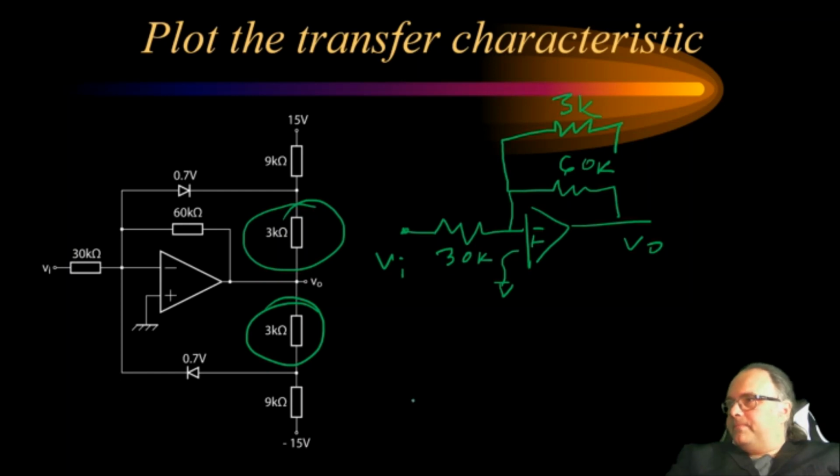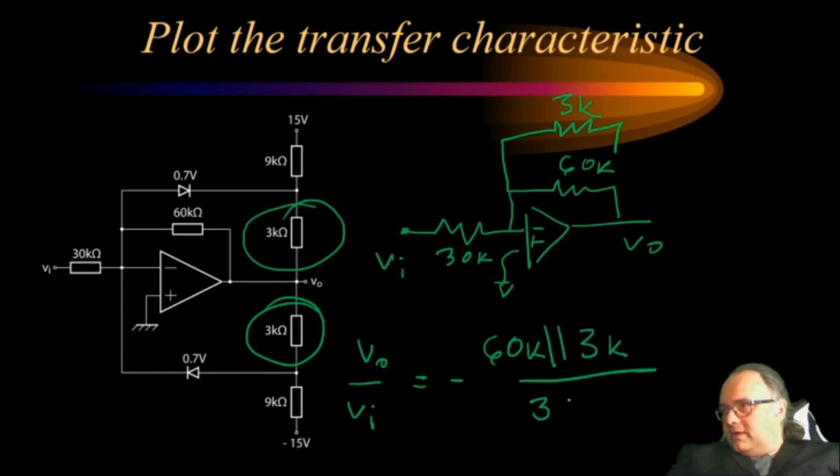So now the gain V out divided by V in will be, of course, 60 kilo ohm in parallel with 3 kilo ohm divided by 30 kilo ohm. And you can calculate this.